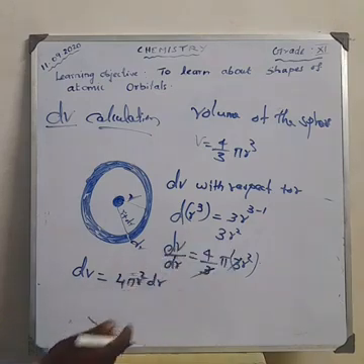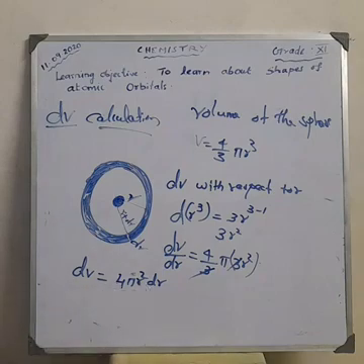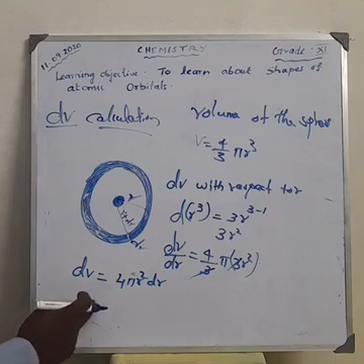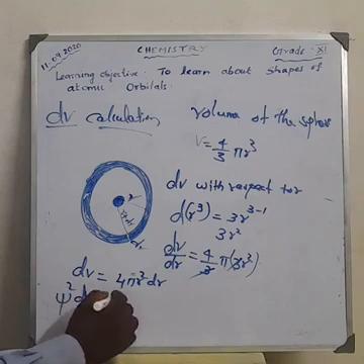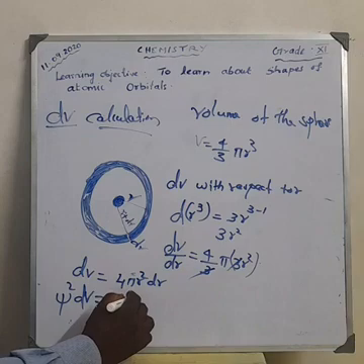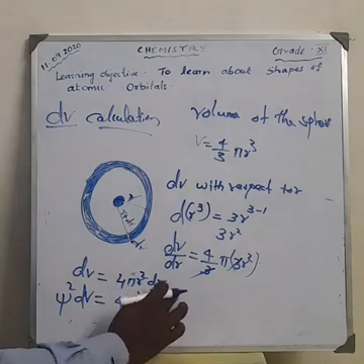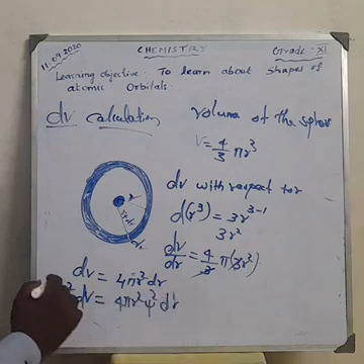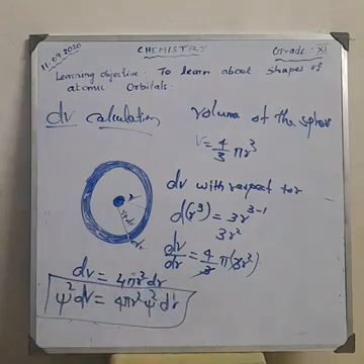We also multiply this equation by psi, our wave function. That gives psi square dV equal to 4 pi r square psi square dr. This is the equation we get.